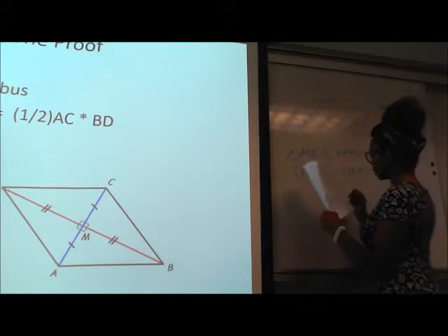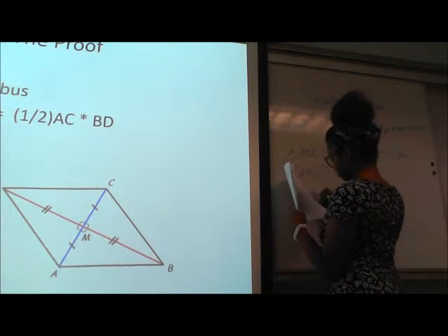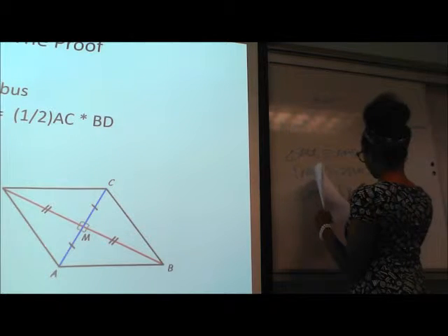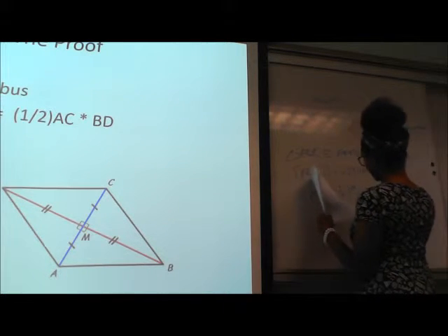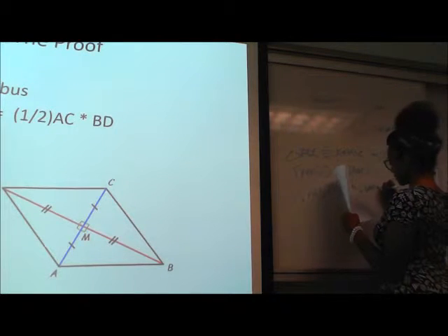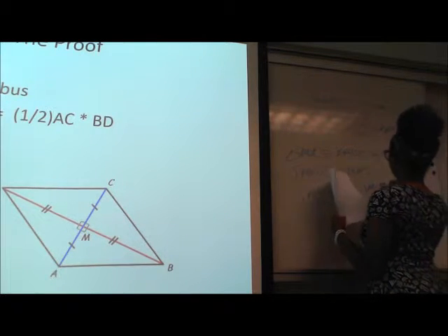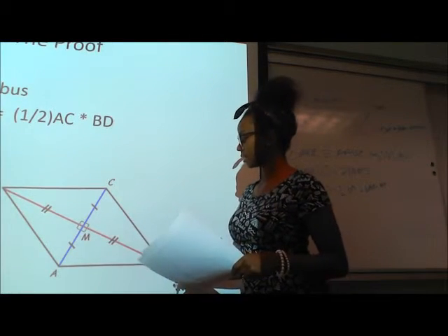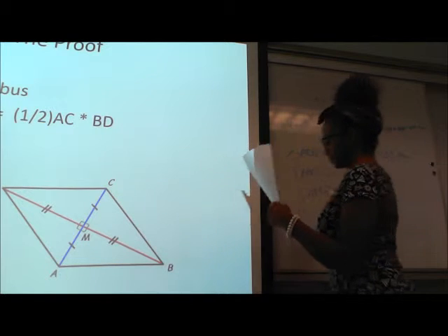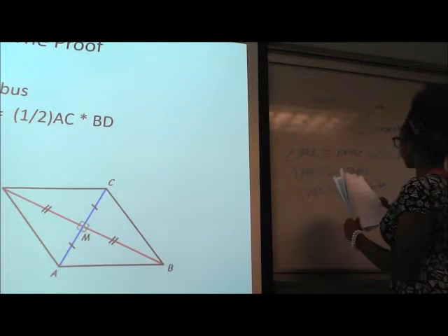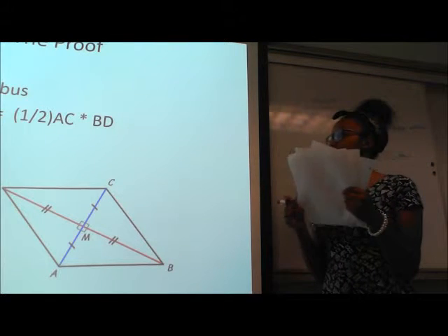And so your ABC is equal to 1/2 times the base times the height, which is equal to 1/2 times AC times BE. AC is the base and your BE is the height. And that is how you prove the area of a rhombus.